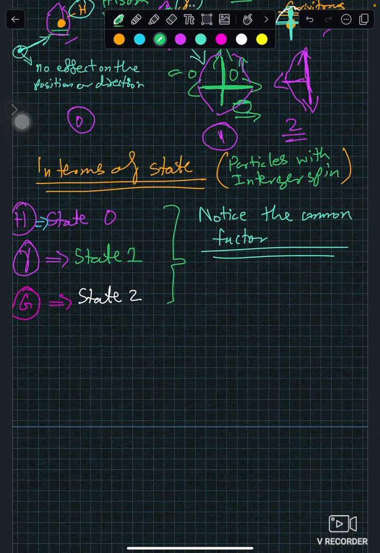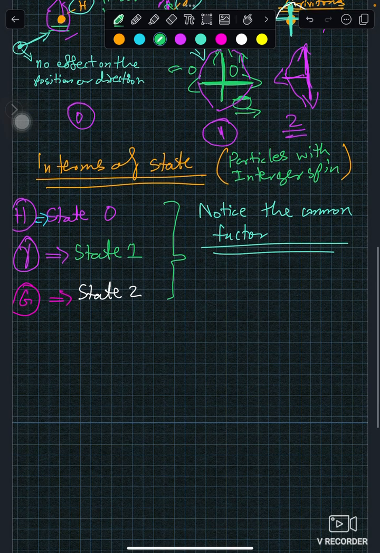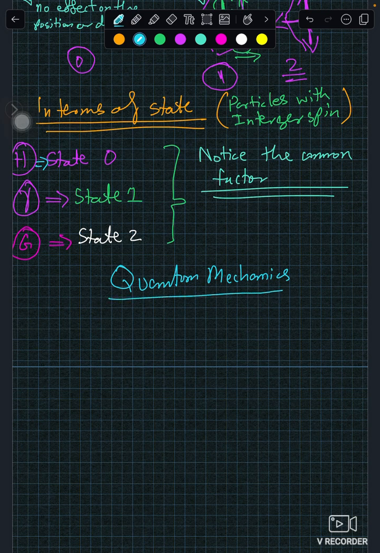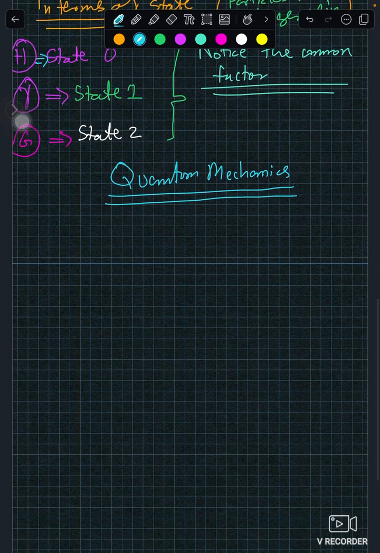But how can we describe particles with half spin? What am I talking about? For that, we have to go to my favorite theory, or my favorite field, quantum mechanics, because this will give us the key explanation to how spin particles work.